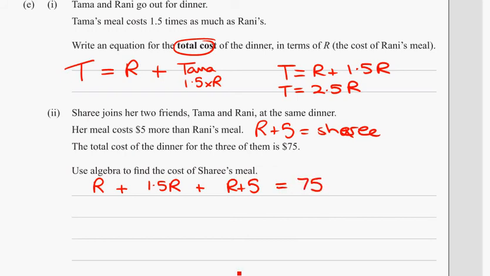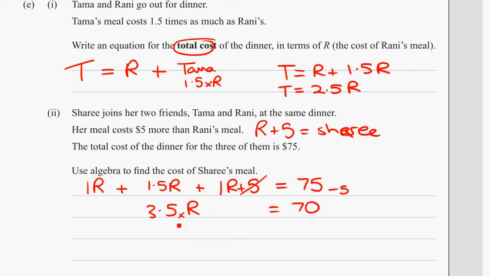That's my equation. We could minus the 5 pretty quickly. And I have 1, 2, 3.5 R equals 70.